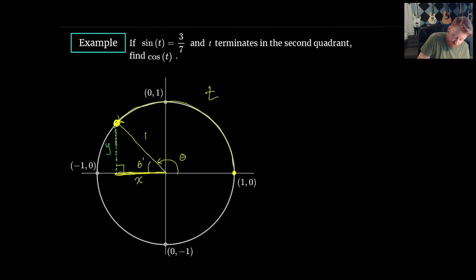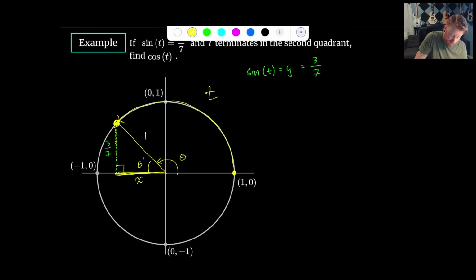We know that the sine of t, which is equal to y, is equal to 3/7. So we know that this side isn't just y, but it is 3/7. And we're asked to find the cosine of t, which is the x value. So if I can figure out this x value, we should be good to go.